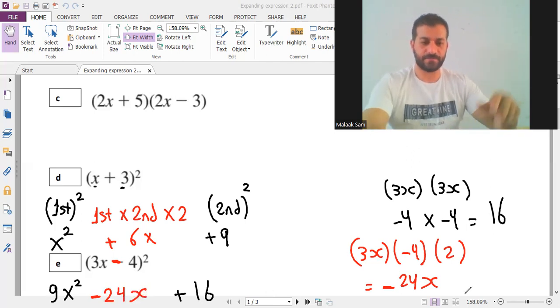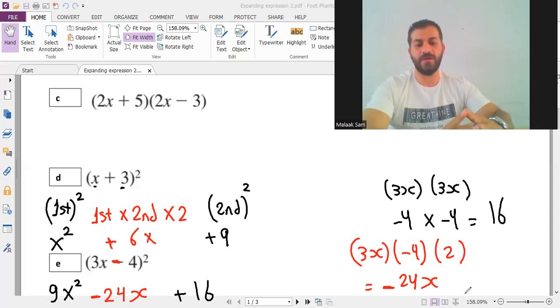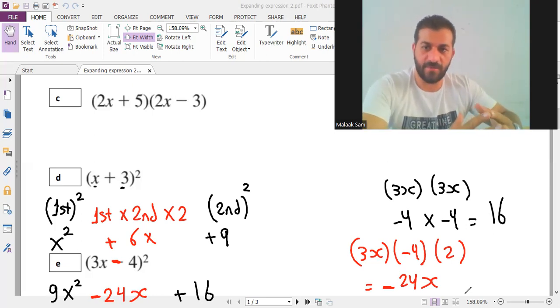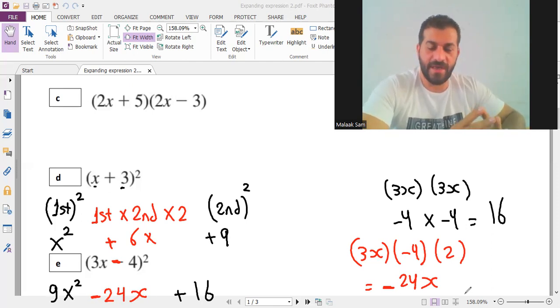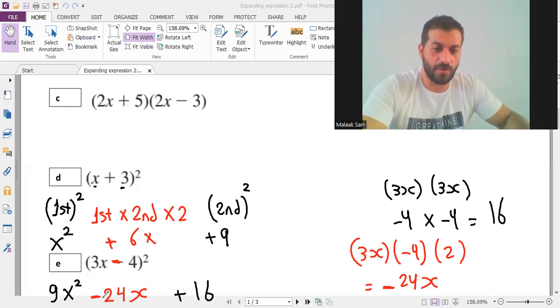Once again, I found the first square. What is the meaning of the first square? It's multiplying the first by itself. So 3x multiplied by 3x gives us 9x squared. And the second square, negative 4 multiplied by negative 4, plus 16. What is in the middle?